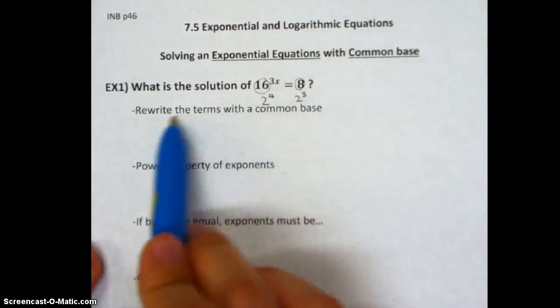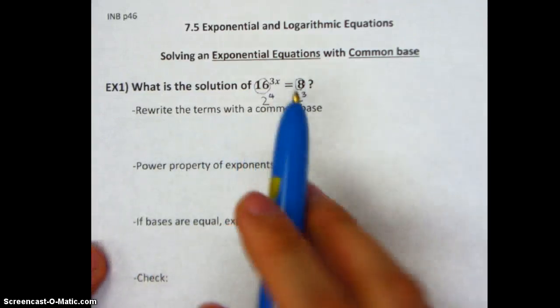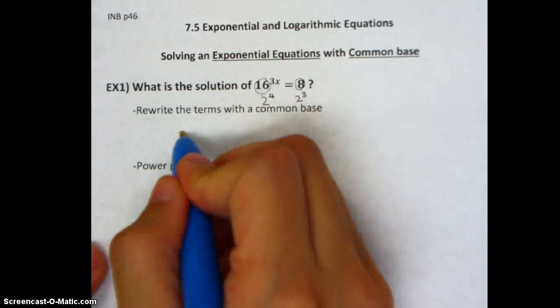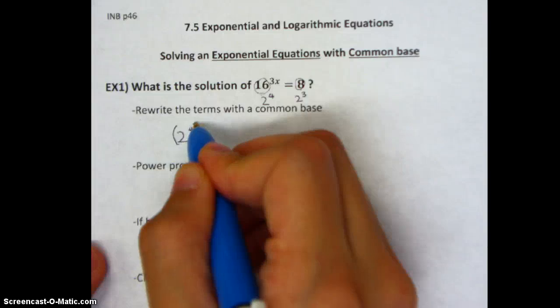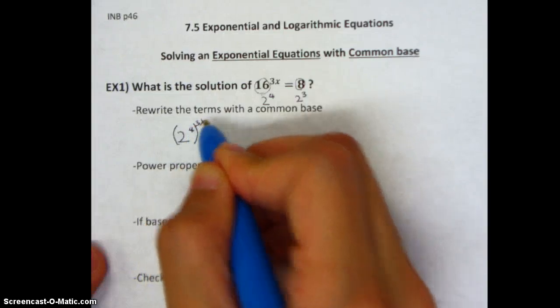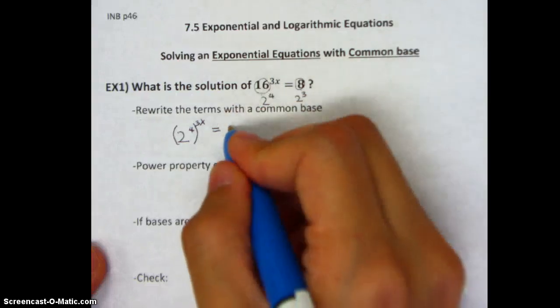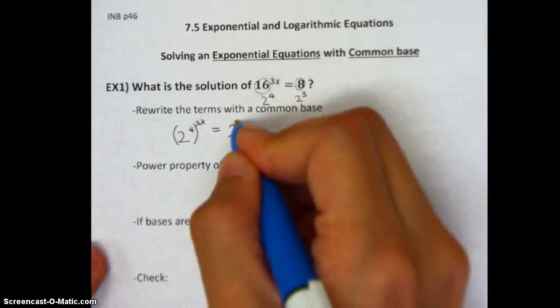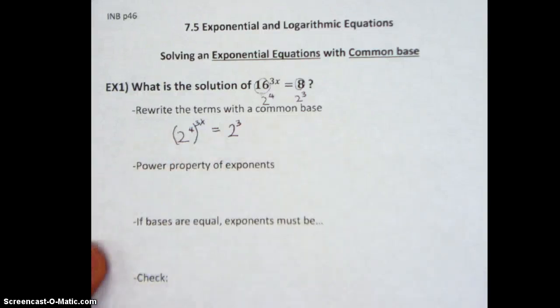The first step is to rewrite the terms with a common base of 2. So instead of 16, I'm just gonna write 2 to the 4th power, and I still have the power of 3x. On the right side, 8, I'll write as 2 to the 3rd power. So I rewrote the terms with a common base of 2.